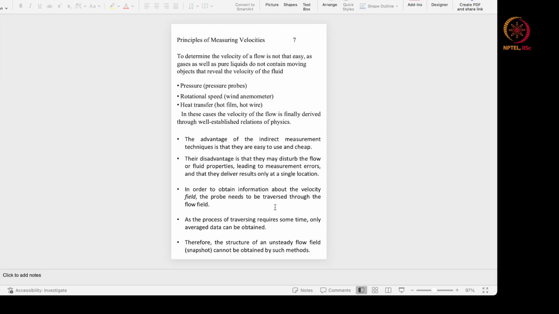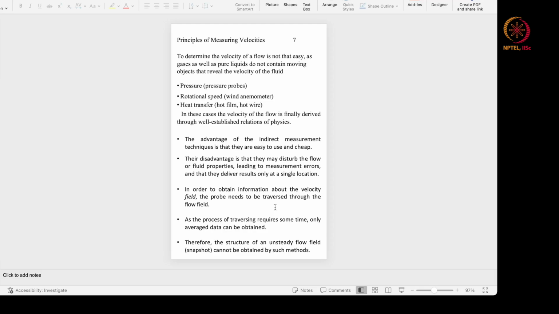So we can relate the two indirectly. This is an indirect measurement, but these are very cheap. Well, hot wire anemometry is not cheap, but pitot tubes and rotational wind anemometry are very cheap. Hot wire anemometry is expensive because it gives you quite fast response at high temperature.